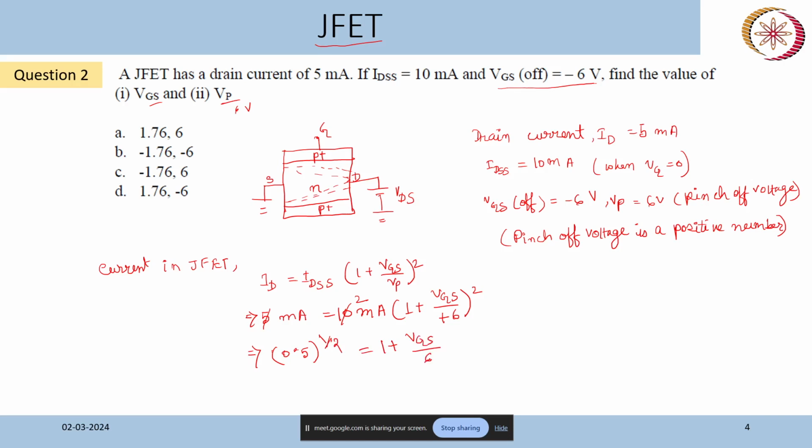Let me calculate this. VGS is minus 1.76 volt.